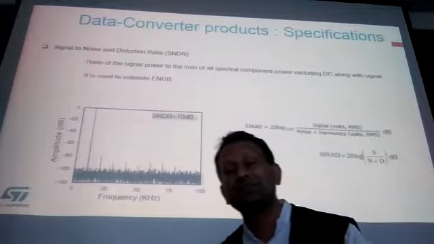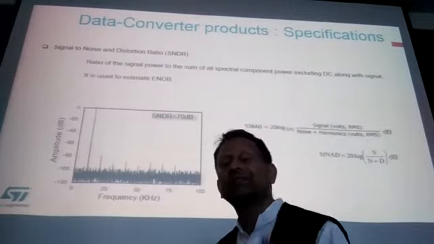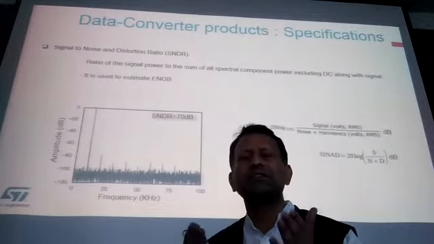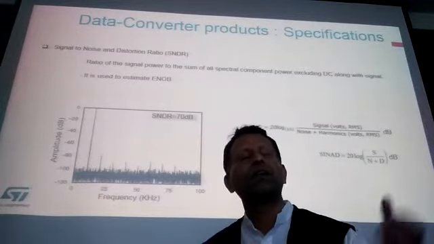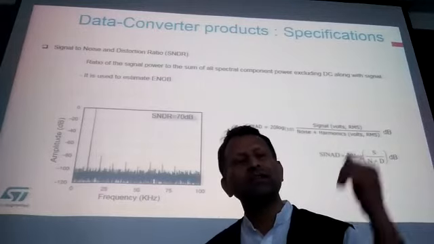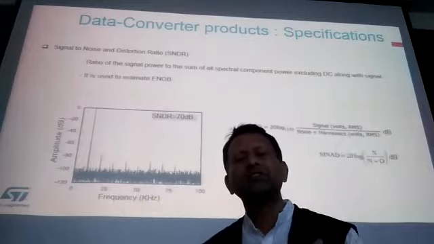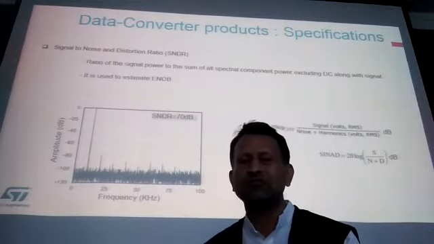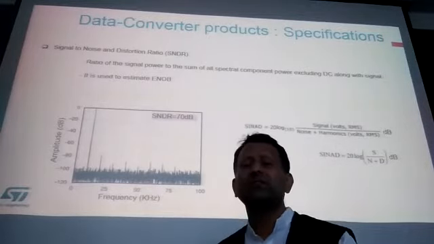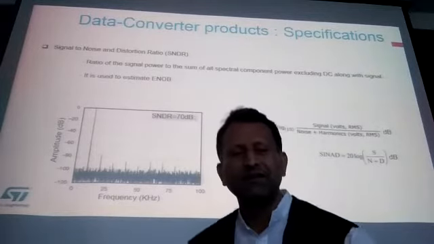But in other applications, some products need everything other than the signal to be treated as noise, and we want the signal power to the everything noise and distortion ratio. Here we exclude the DC because DC is a straight line.